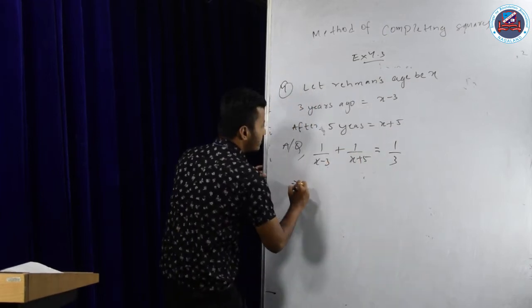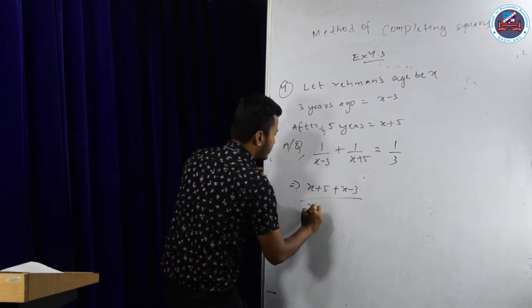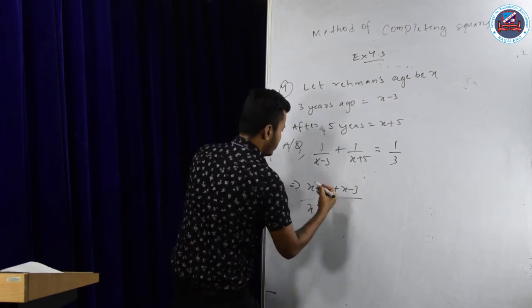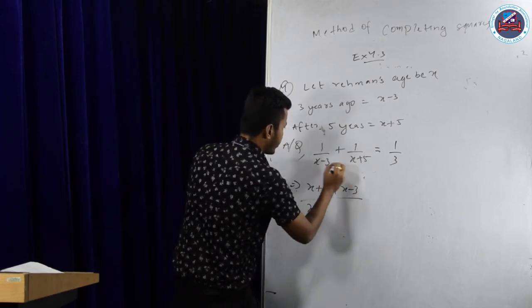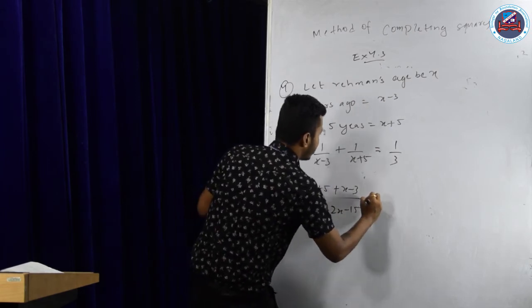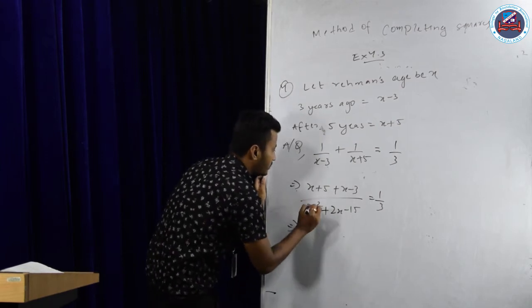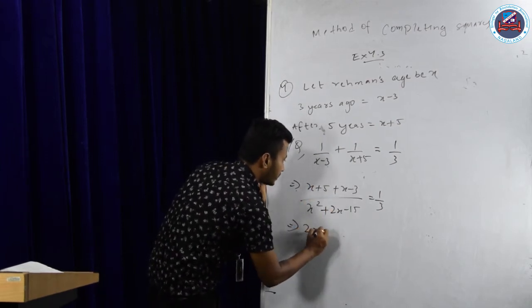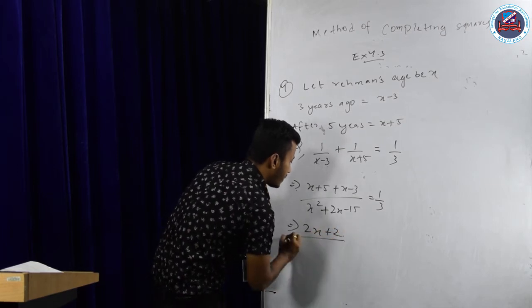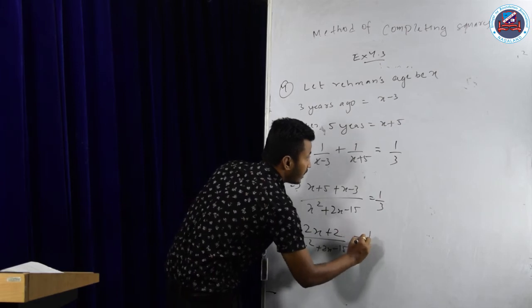So this becomes x plus 5 plus x minus 3 by x square plus 5x minus 3x minus 15 equals 1 by 3. Okay guys, this becomes x plus x, 2x plus 2 by x square plus 2x minus 15 equals 1 by 3.